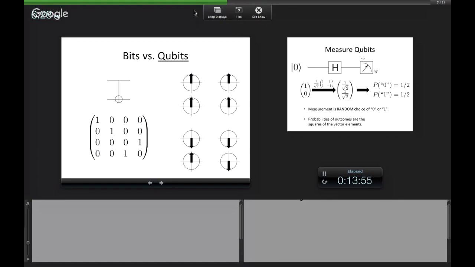So if qubit A is in this state, and qubit B is in this state, then the joint state of the two of them together, there is a symbol like this, which just means that when you combine the systems, you put this matrix into each element of this matrix, and you do a multiplication.